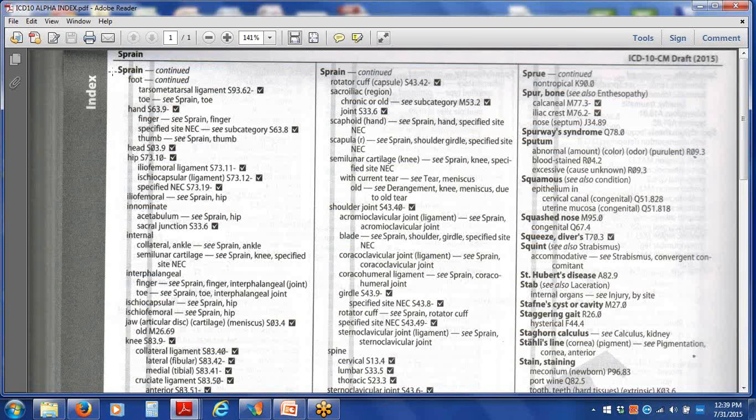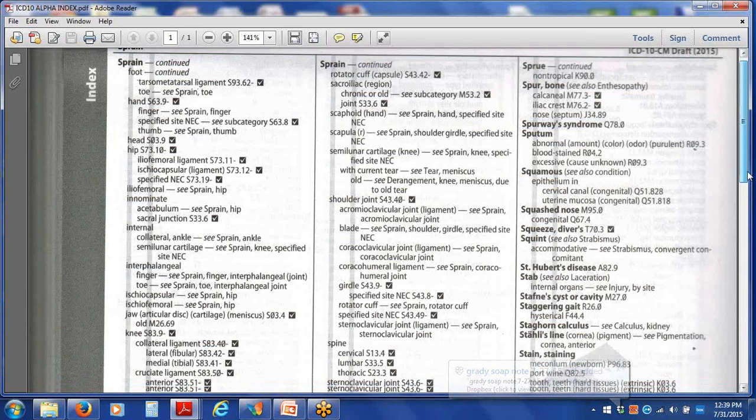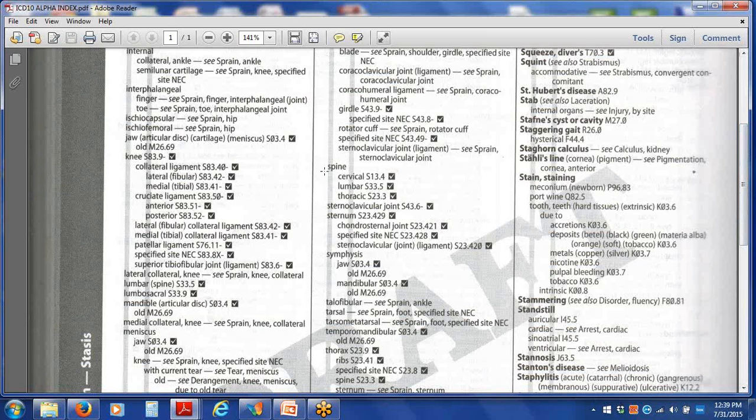So I need to try to find the code for a cervical sprain. I look up sprain, and then I go alphabetically to spine. What I see here is the spine, strain on the spine: cervical, lumbar, and thoracic. Next to it, I see a check mark.